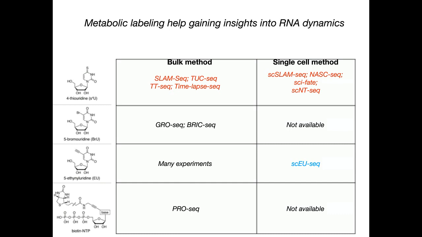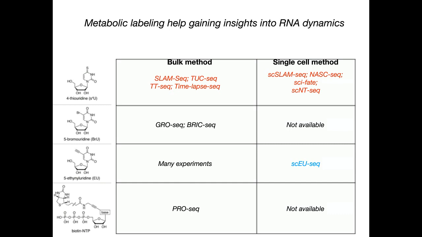And for 4sU, there are quite a lot of different bulk RNA-seq approaches. There are SLAM-seq, TUC-seq, TT-seq, or TimeLapse-seq. And recently, a few groups adapted the SLAM-seq chemistry to plate-based single-cell RNA-seq, so scSLAM-seq and NASC-seq were developed.